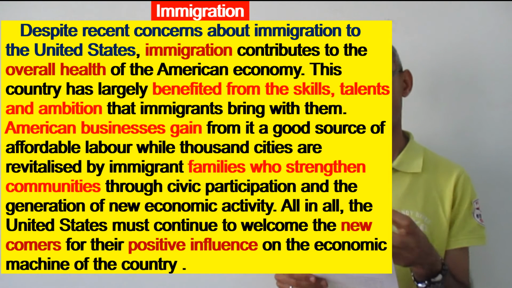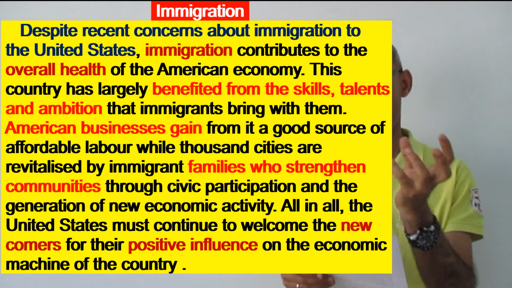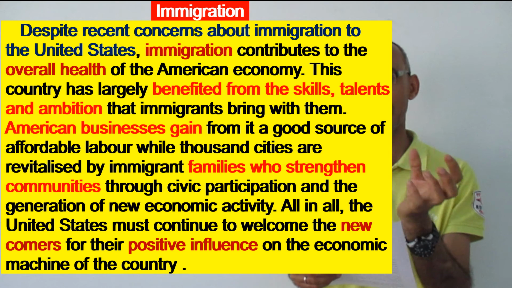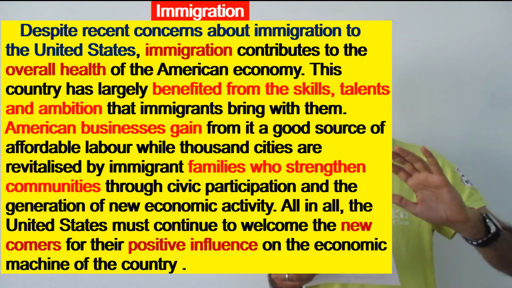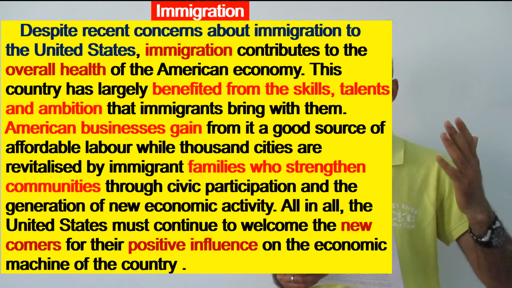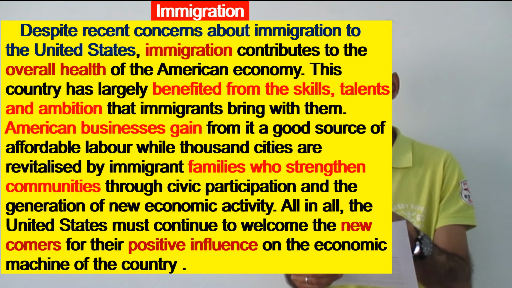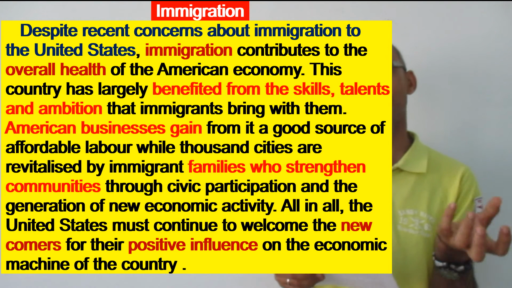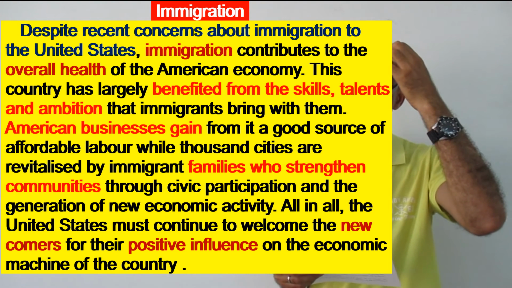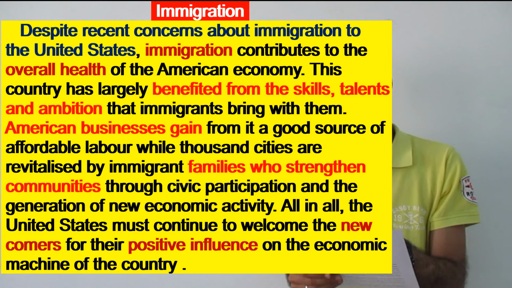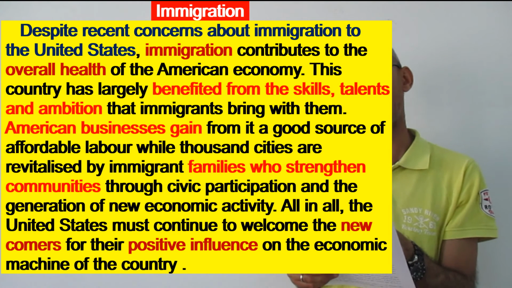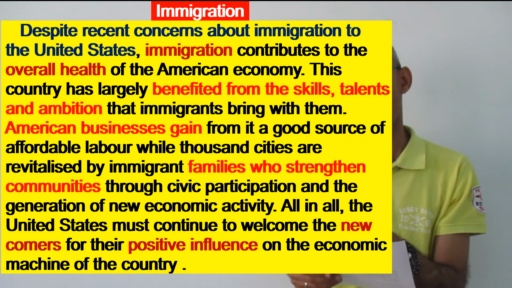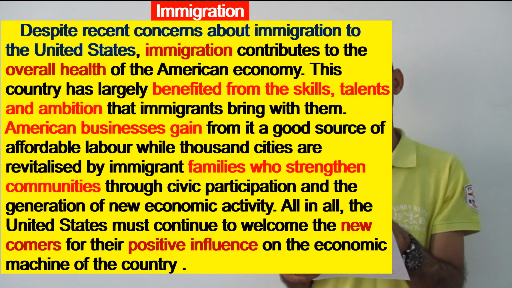So here the writer starts first by referring to that controversy, that debate, you can say, that other view, other claim, concerns about immigration, good or bad. Then he adopts and introduces his opinion, which is immigration contributes to the overall health of the American economy.